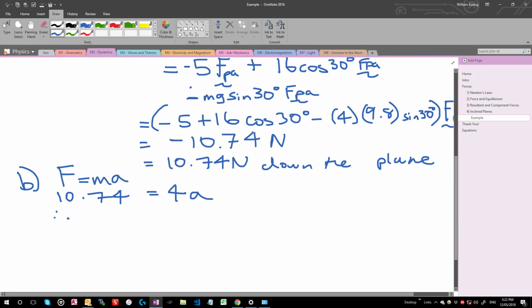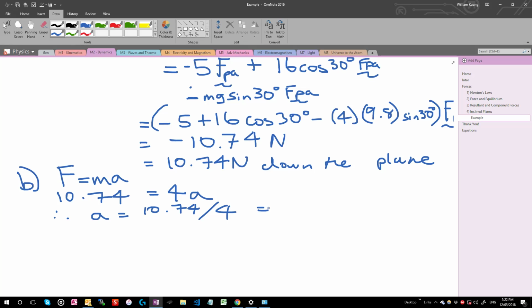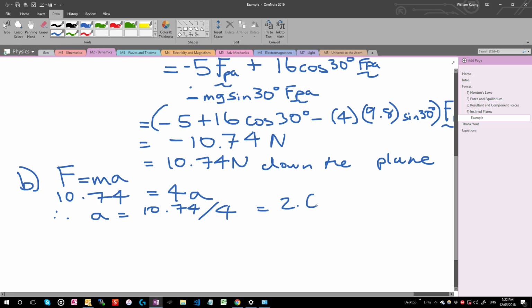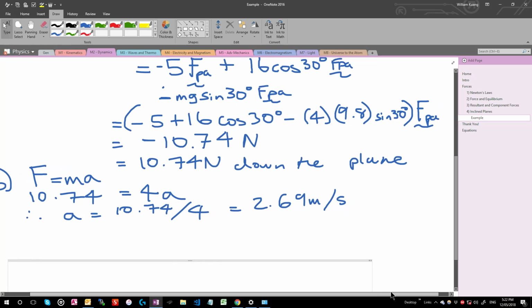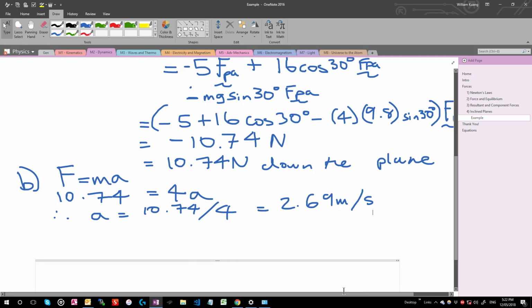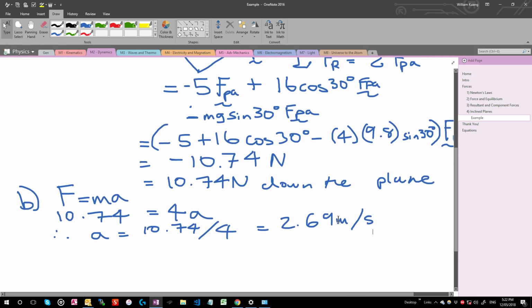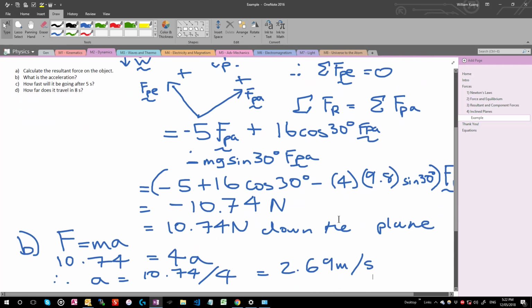So therefore, the acceleration is 10.74 divided by 4, which gives me 2.69 meters per second squared.